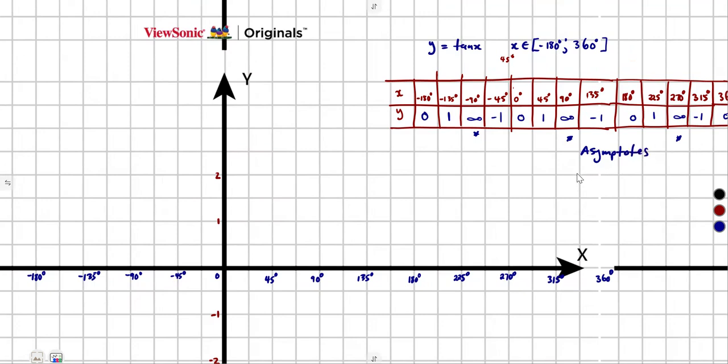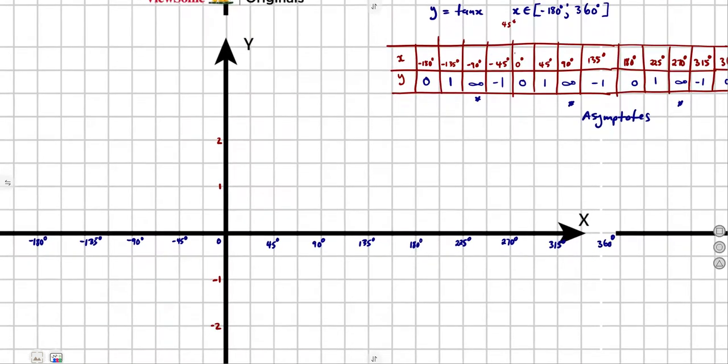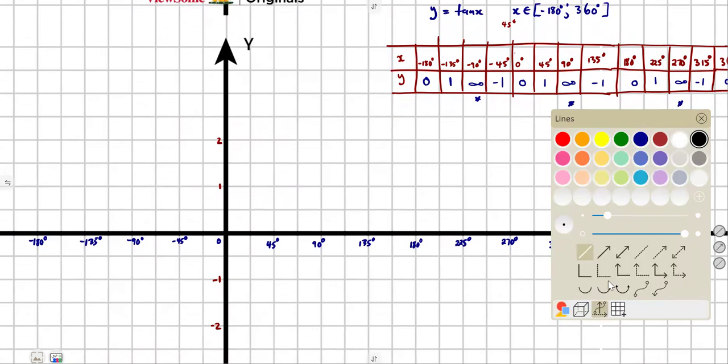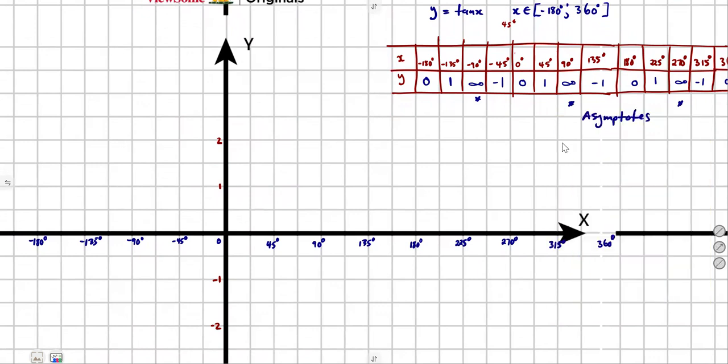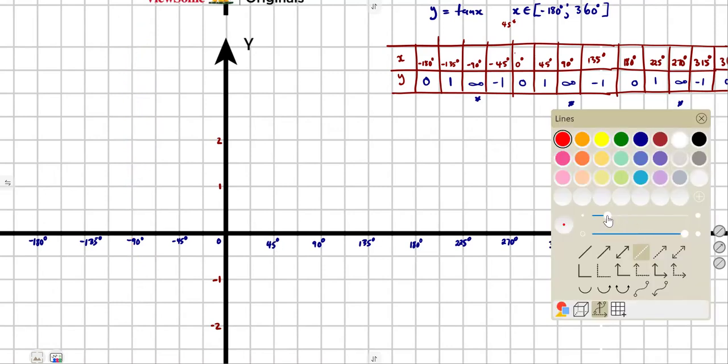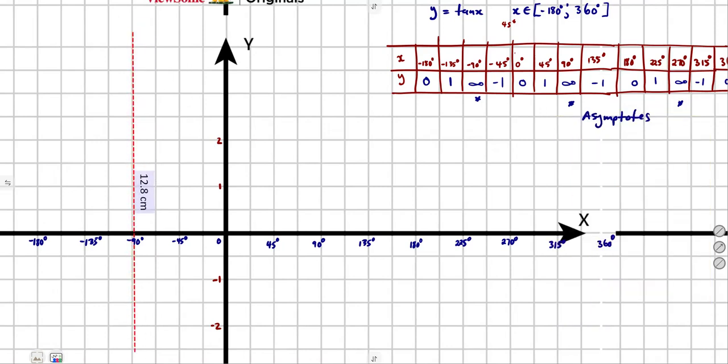The graph cannot pass through those values, meaning to say we are going to first indicate those asymptotes before having our graph, to say our graph cannot pass through minus 90 degrees. At minus 90 degrees, it is an asymptote.